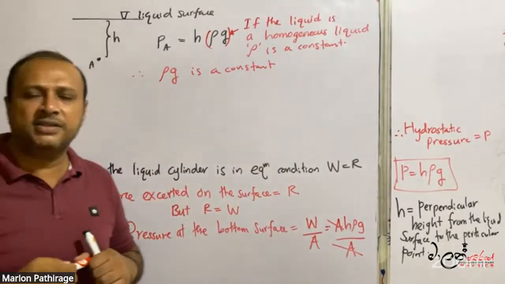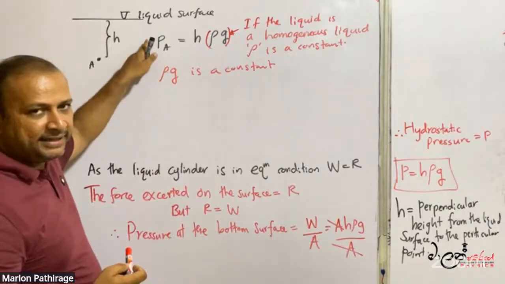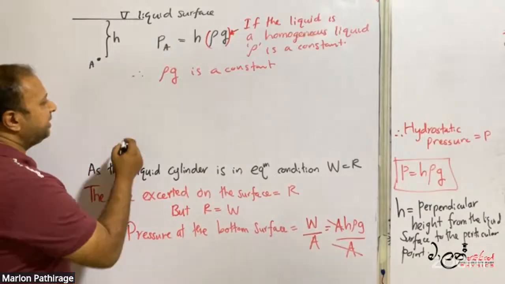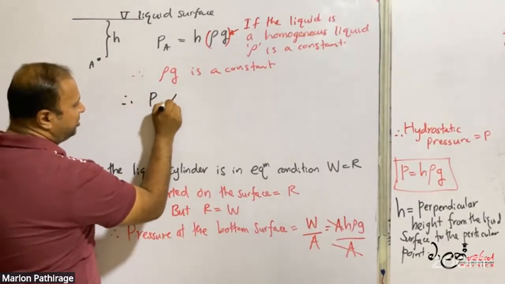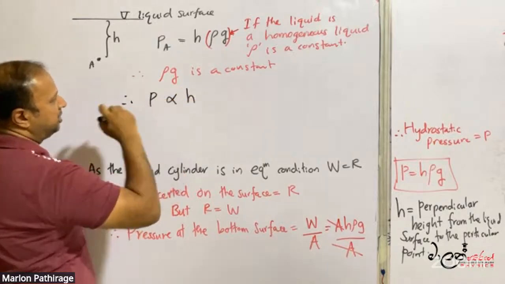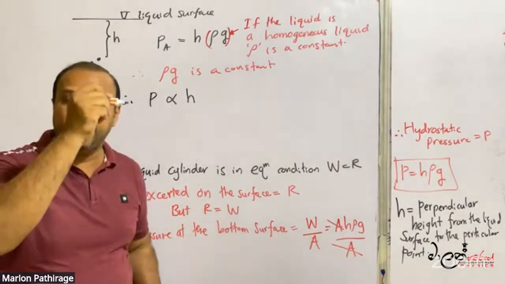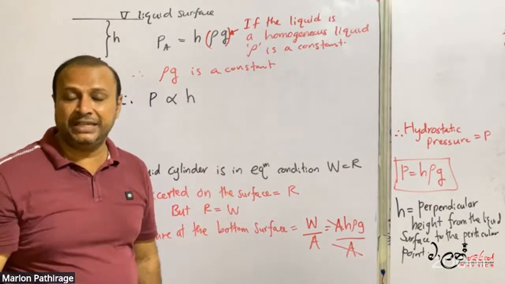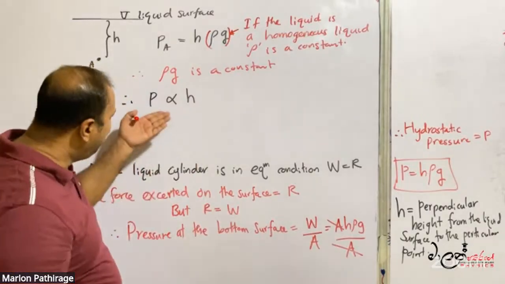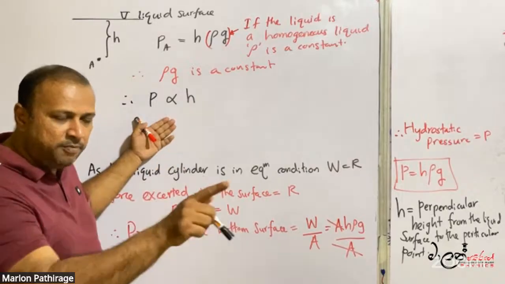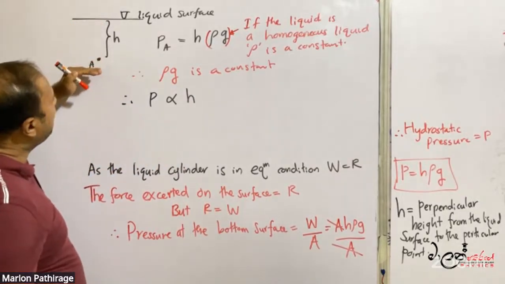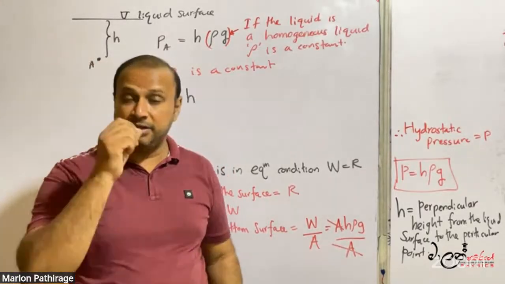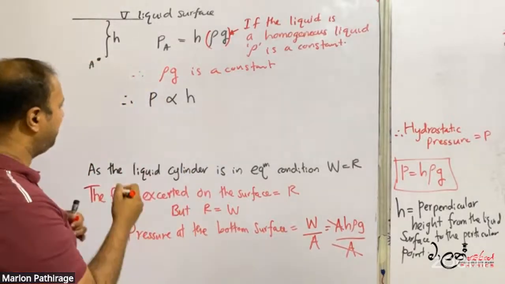If rho g is a constant, that means hydrostatic pressure is directly proportional to the height only, because the other two physical quantities are constants. Therefore, hydrostatic pressure depends on the perpendicular height from the liquid surface only.